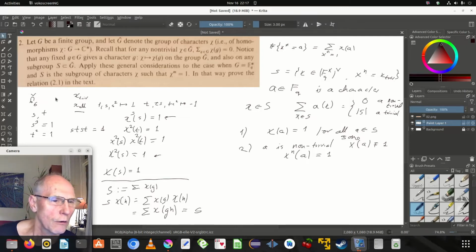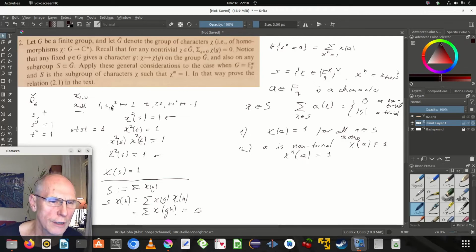And I also realized that this formula doesn't hold for the dihedral group. You see, the equation x to the third equals unity, the unit element, has three solutions: 1, s, and s squared.